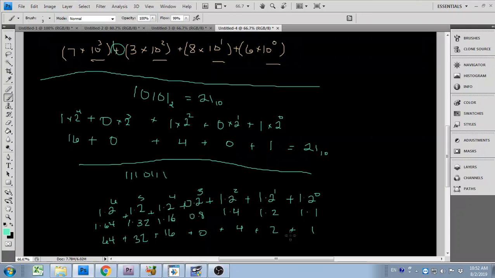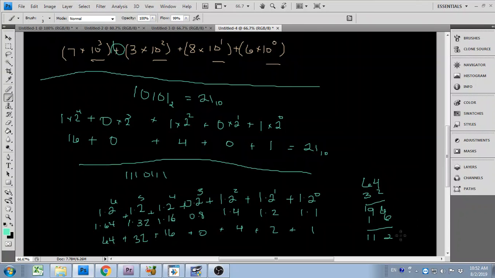Okay, let's see if we can do some math, hopefully in our head. Actually, let's just write it out here so we can see what we're doing. 64 and 32 would be 96. We need to add 16 to that, so we have 112. Then we need to add a 4.